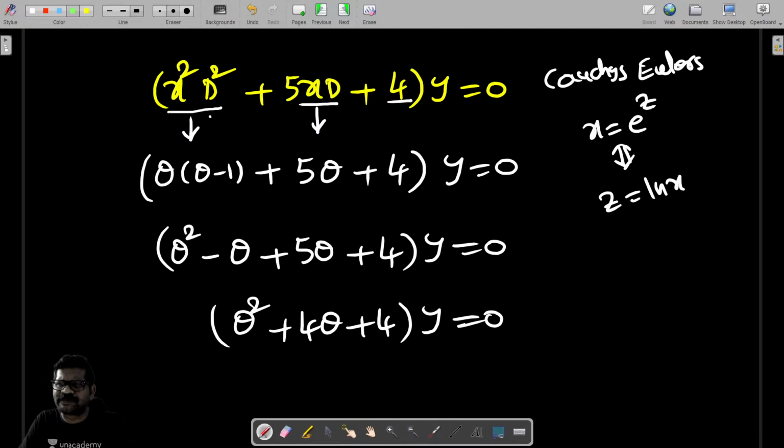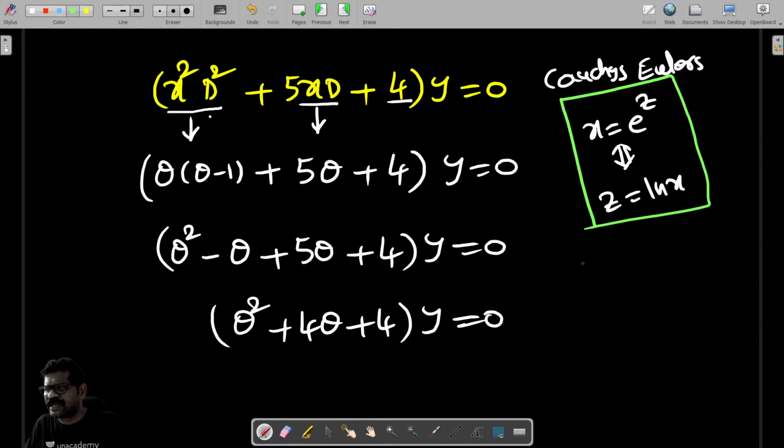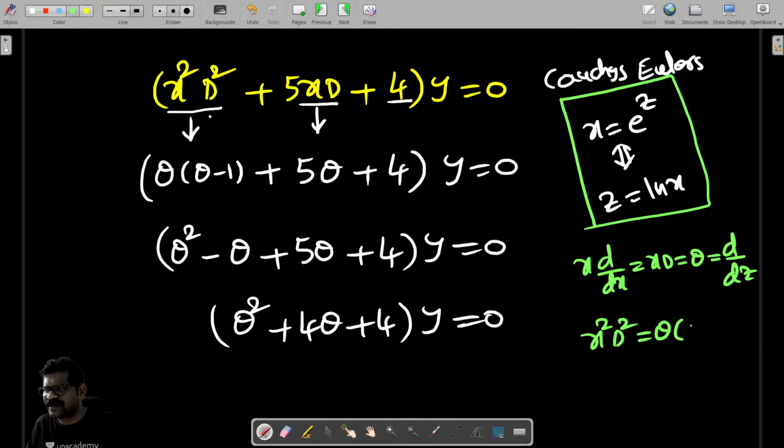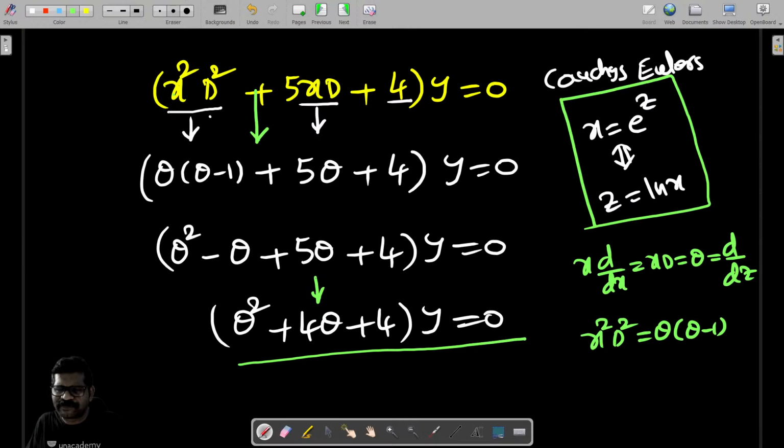By taking this substitution, xd becomes theta, where theta means d by dz. X square d square is theta into theta minus 1. So you have to convert the differential equation with variable coefficients into constant coefficients. After that, we solve by the constant coefficient procedure.